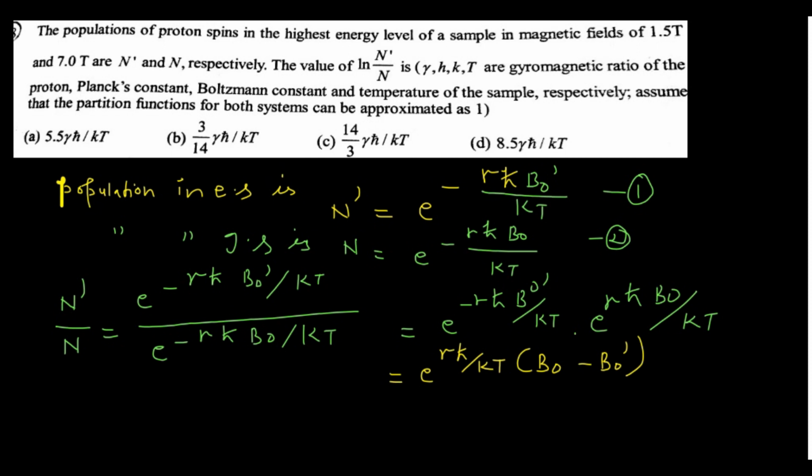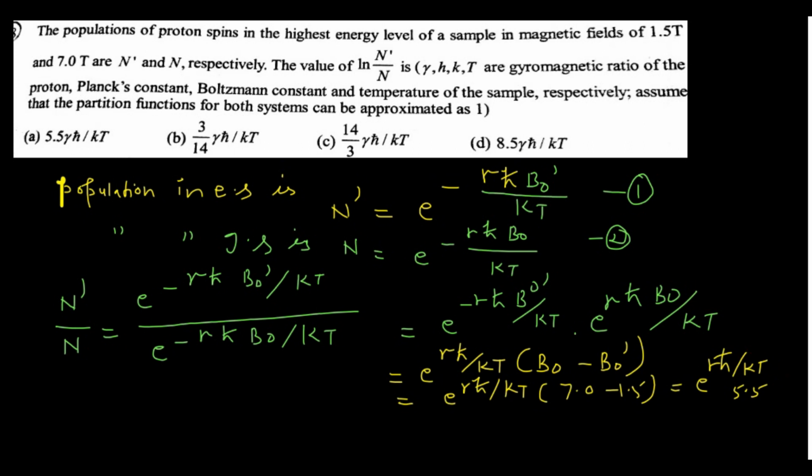Only this thing you need to do, and this will remain like that, gamma H cross divided by kT, and this is 7.0 minus 1.5, and this will give you e to the power of gamma H cross divided by kT, and this is your 5.5. Because this B0 is in the power here, right? So this 5.5 is in the power here.